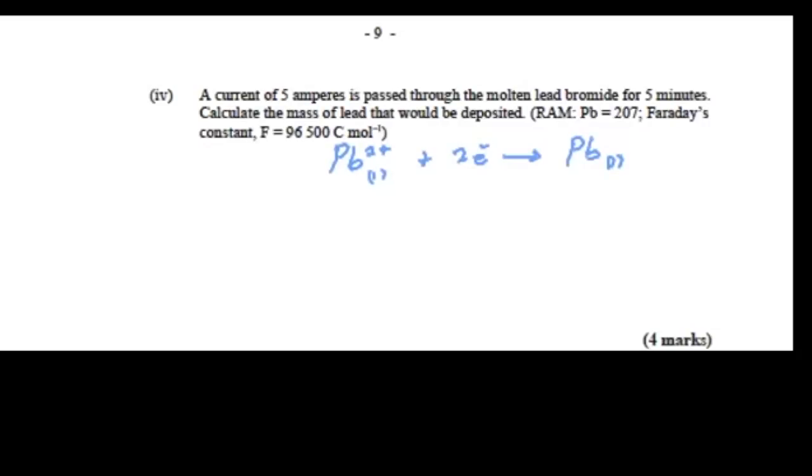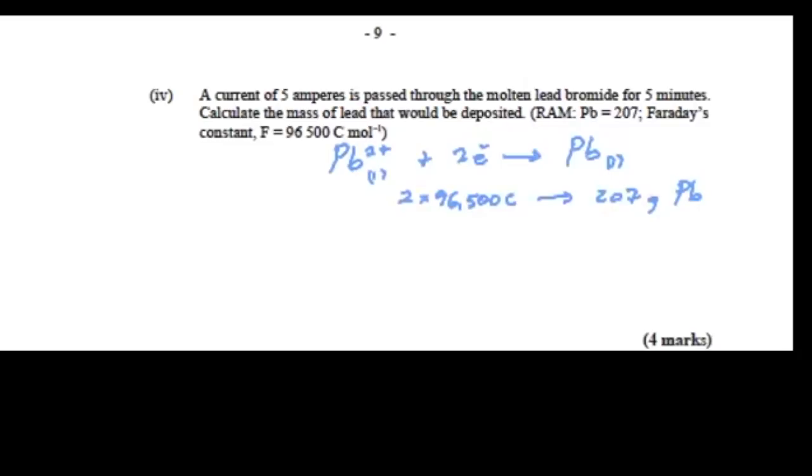So from this equation, we can write that 2 times 96,500 coulombs is required for the liberation of 207 grams of Pb, because the Ar of Pb is 207, which means that the molar mass is 207 grams per mole. So we're going to come back to this.